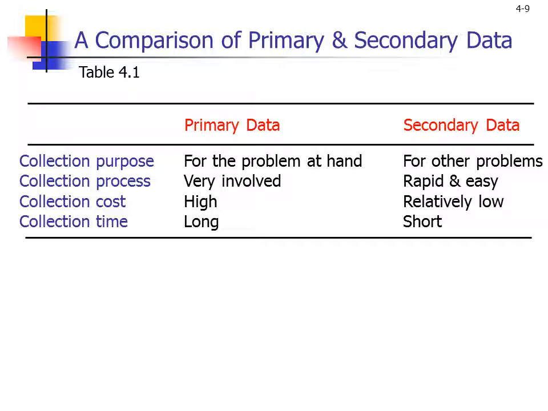In collection cost, primary data have a high cost, but secondary data have a relatively low cost. The collection time of primary data is always long, but secondary data has a short collection time.